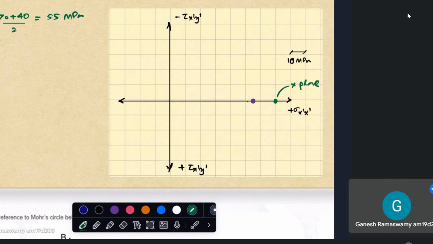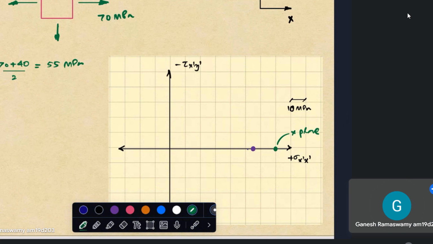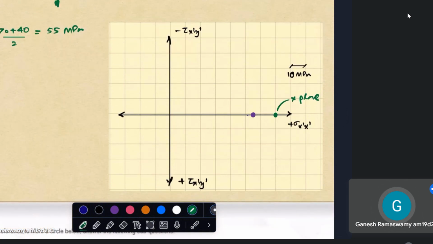Similarly, my y plane will be at 40. So this is 55. So this will be my y plane. And I have a Mohr circle like that.